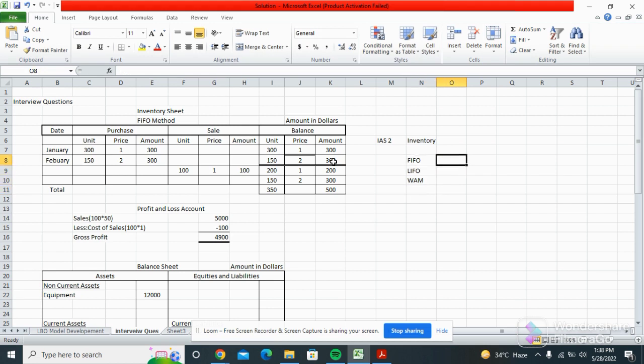So I'm assuming that we have sold these 100 units of raw material using the FIFO method. And what does the FIFO method tell us? FIFO is first in, first out. First in, first out means that we are assuming that we have sold the raw material which we purchased initially.